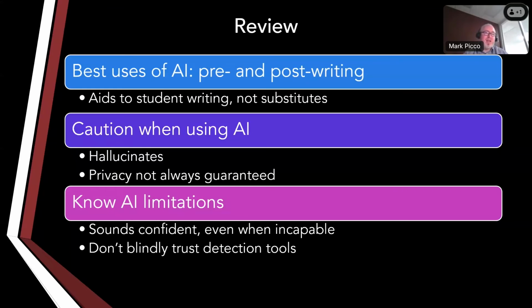Very recently, a prof at Texas A&M failed his entire class because ChatGPT told him that all the students used ChatGPT to write their papers when in fact they did not. So it's really scary when trying to trust these kinds of tools if you have no other evidence that a student has plagiarized or used AI to create something. I wouldn't just blindly trust what it says.